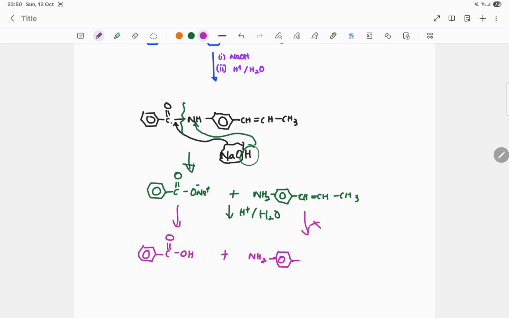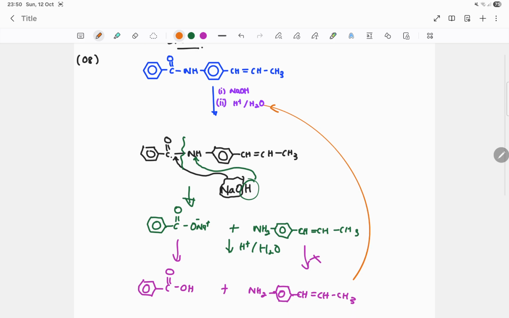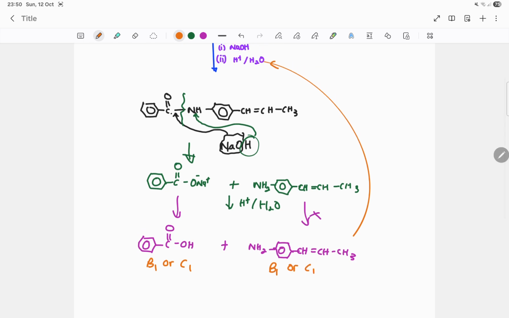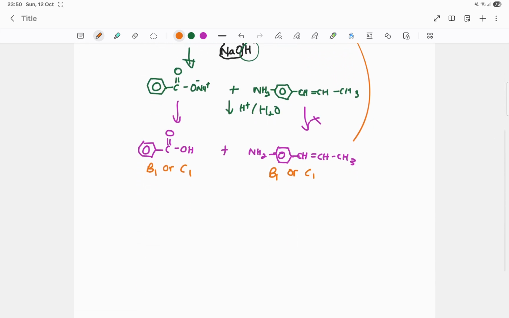Nothing has happened at the CH CH3. So these are the final products of this reaction. So this can be B1 or C1. We don't know. We will know it while I'm explaining the next part.